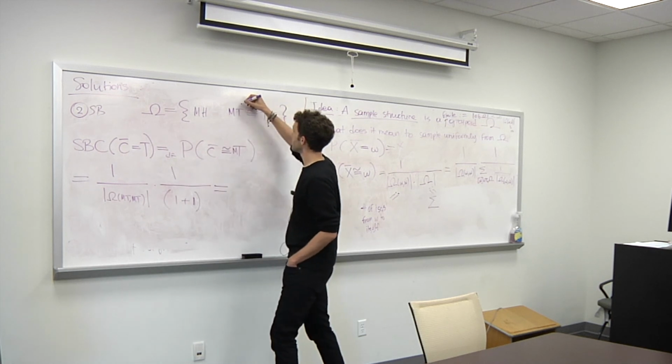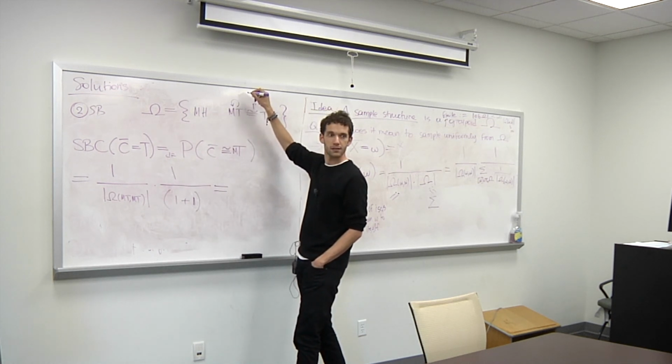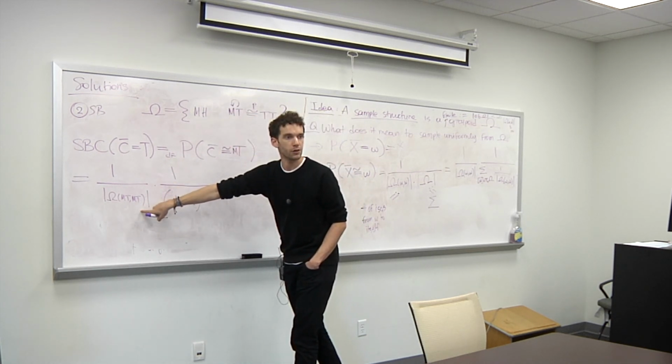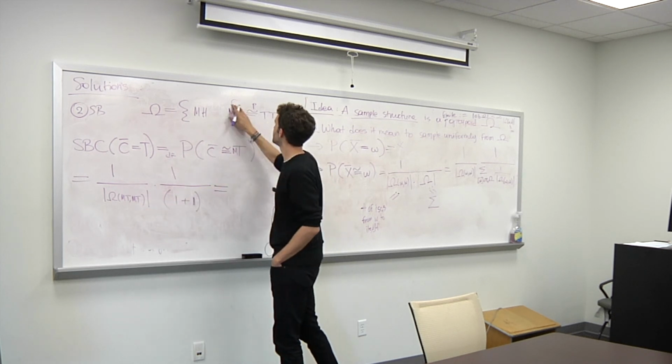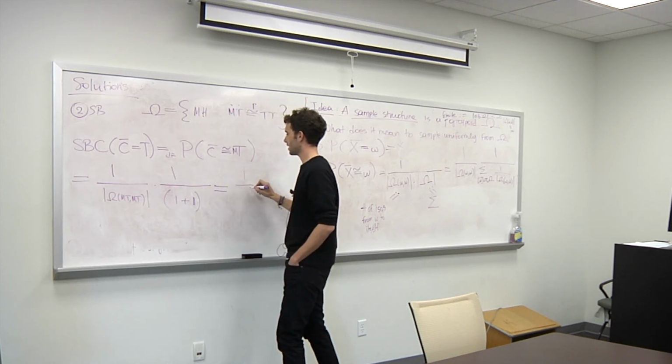There's no non-trivial arrow here. So this is actually equal to 1. Only the identity is in here. So that gives a half.